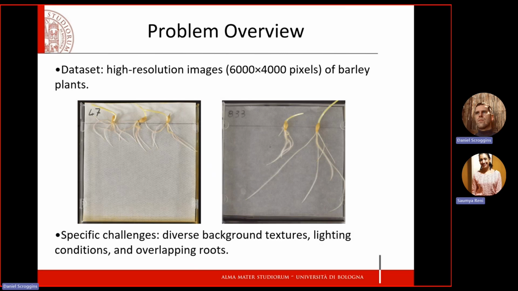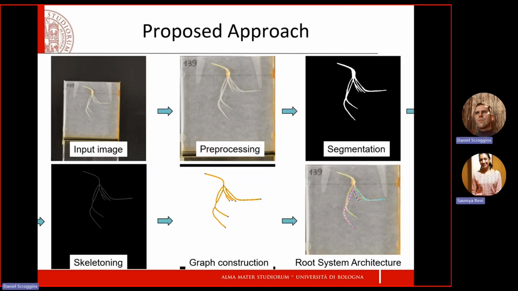So the proposed approach starts with a preprocessing step, which involves extraction of the raw area of the image through a mask detection algorithm, bounding box extraction, and alignment. Then a second segmentation phase to remove the background and highlight the roots.